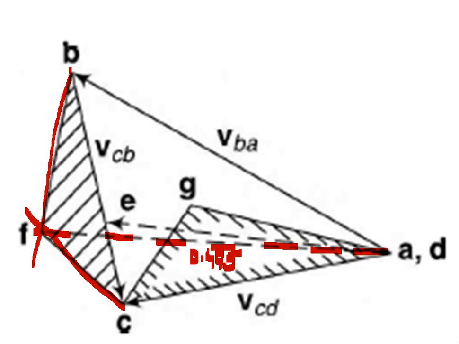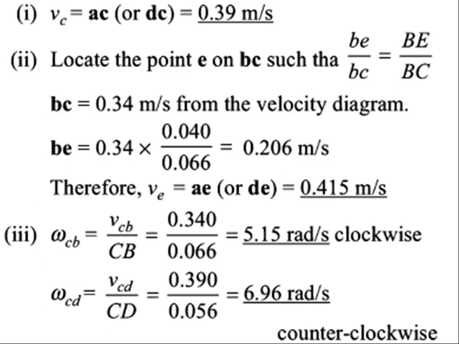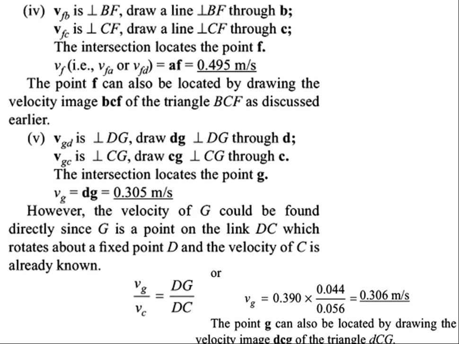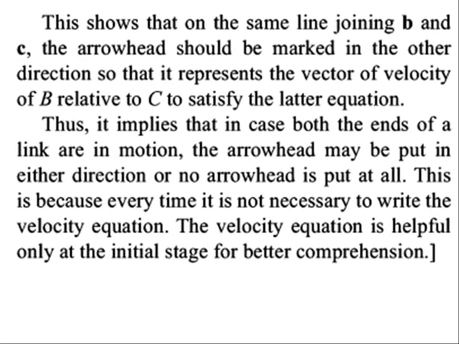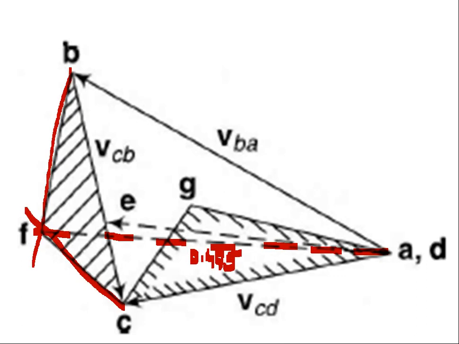Next, in the same manner, you have to take the point G now. G is already given. So take CG and DG, already known to you. Sir, how did you take AF? A to F, no? See, B to F and C to F are already known to you. So draw perpendicular to BF, then perpendicular to CF, and take the intersection of those.